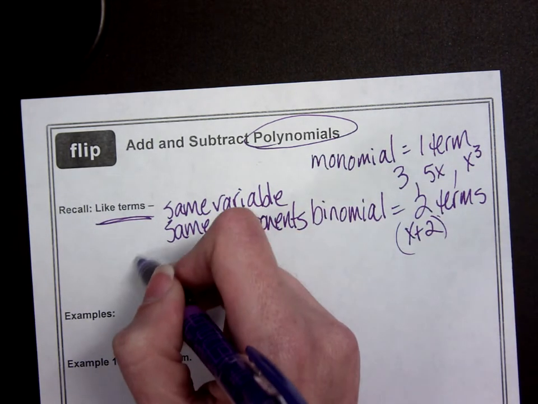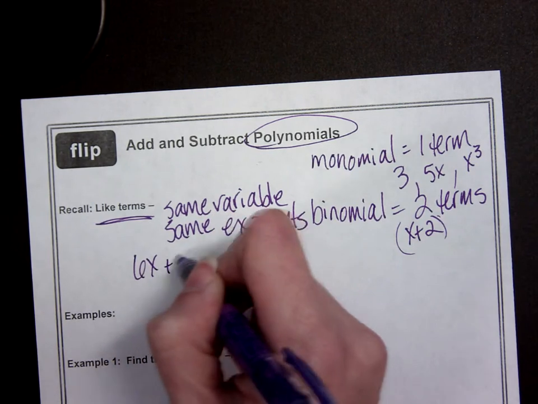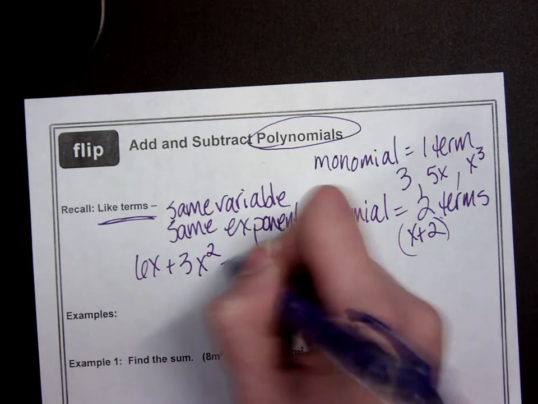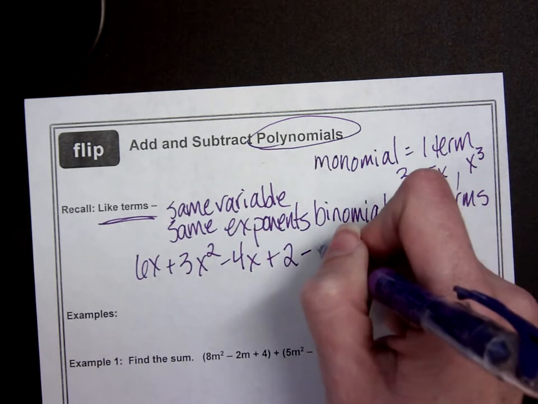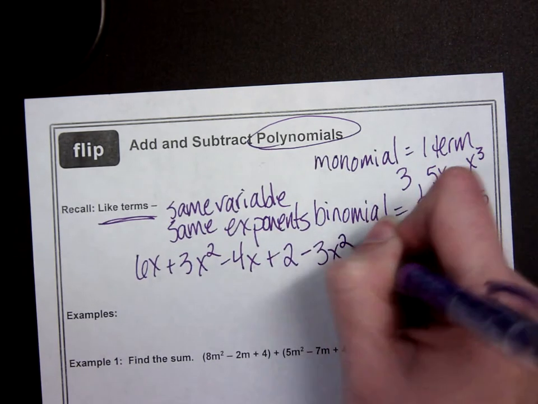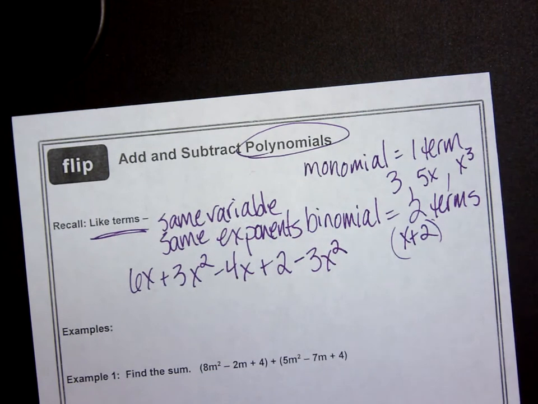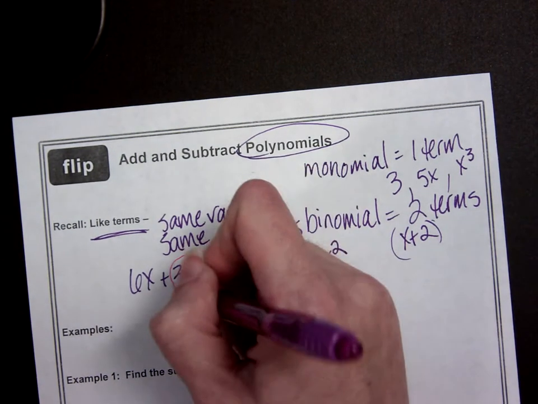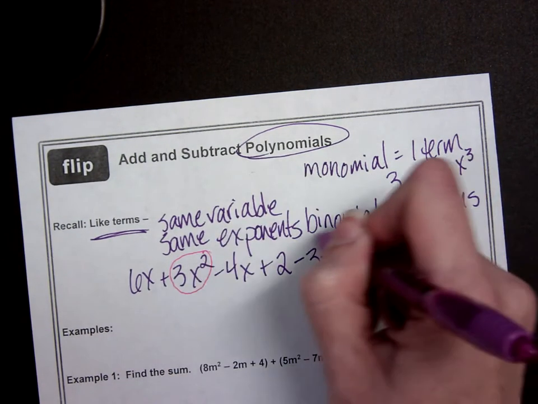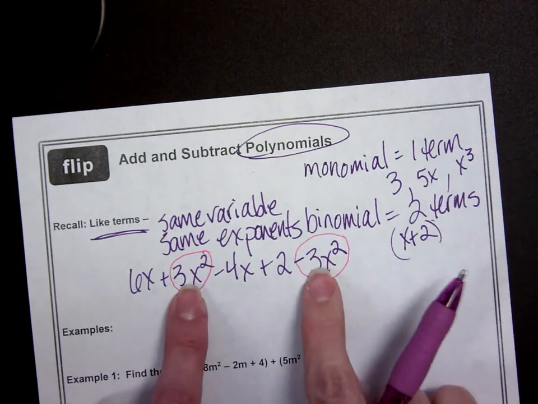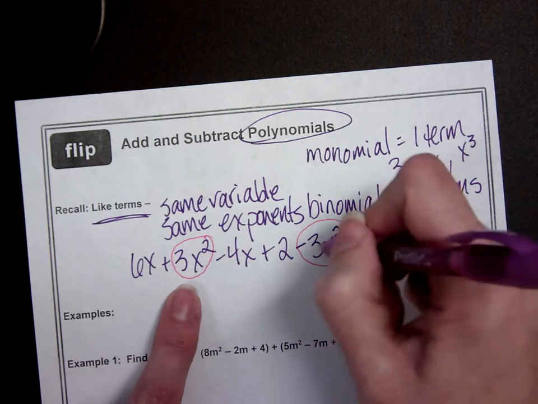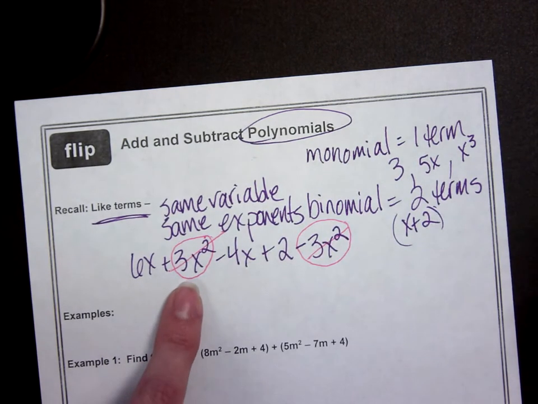So if I'm looking at 6x plus 3x squared minus 4x plus 2 minus 3x squared. So 3x squared goes with negative 3x squared, and those are actually going to just cancel each other out. They are the like terms.